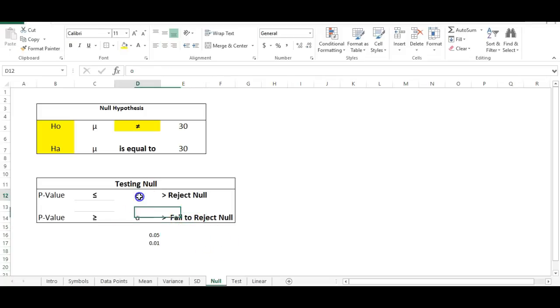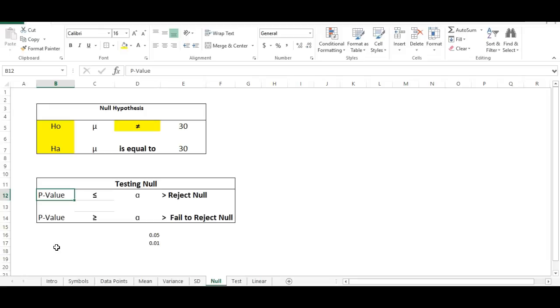Now note that the alpha can be a value of 0.05, it can be 0.01, it really could be any value that you set. P-value is defined as the probability of finding your observed value or something more extreme in the results when the null hypothesis, or your H0, is true.